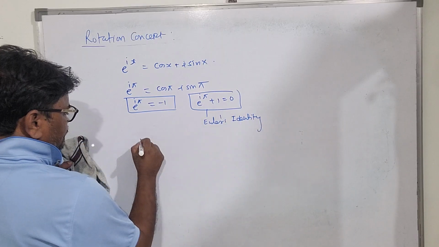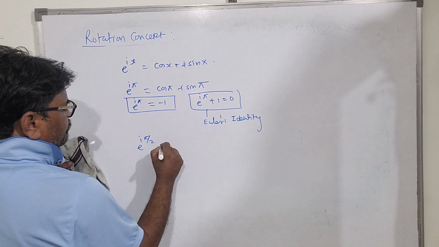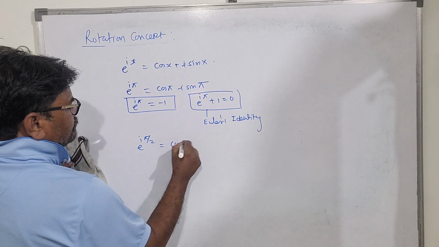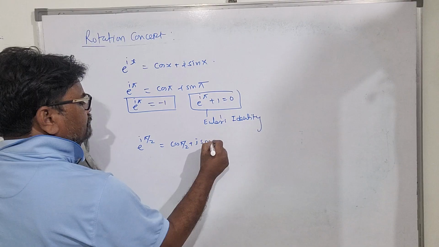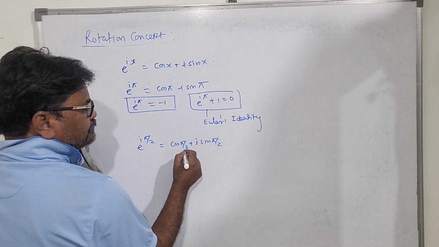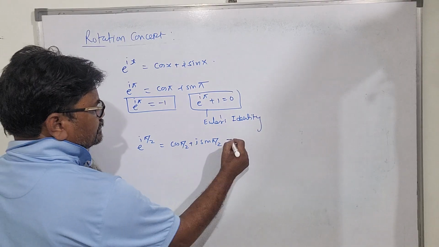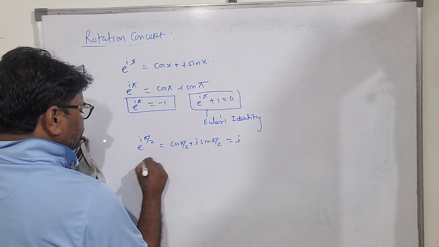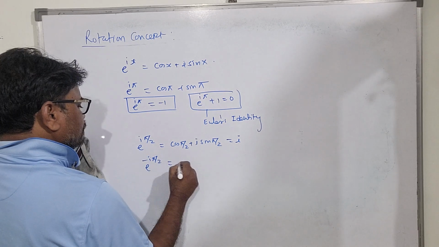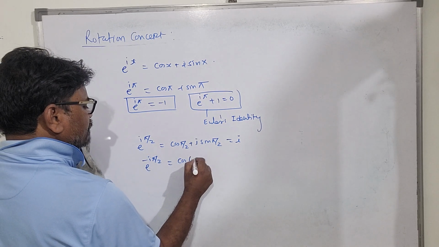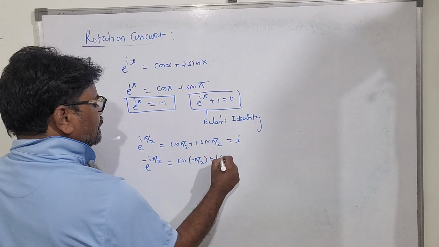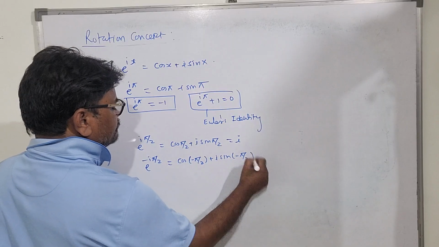Second, if we find e to the power iota pi by 2, this is cos pi by 2 plus iota sin pi by 2. Cos pi by 2 is 0, sin pi by 2 is 1, so this is equal to iota. e to the power minus iota pi by 2 is cos of minus pi by 2 plus iota sin of minus pi by 2.